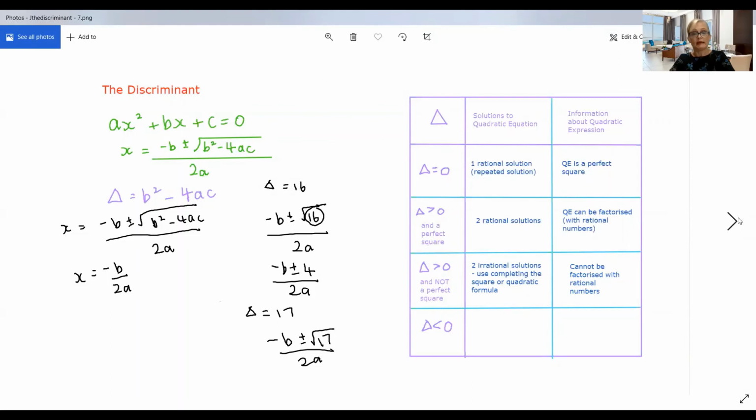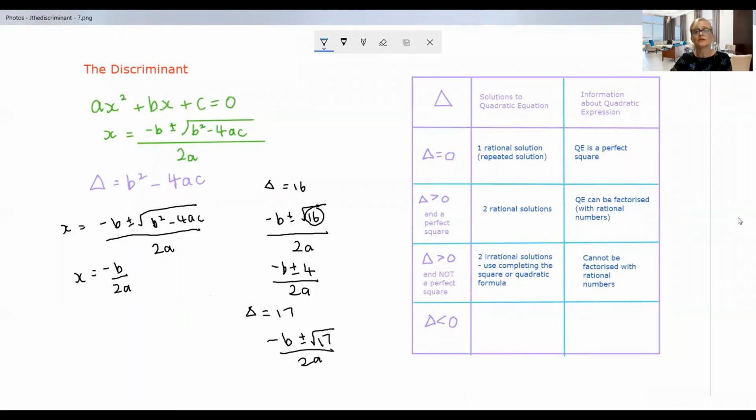All right, now our last possible situation with the discriminant is that the discriminant could be negative. So say the discriminant comes out to be, I don't know, -5 or something like that. All right, so then when you're trying to do your solutions, you negative b plus or minus square root, oh my goodness, of this on 2a.